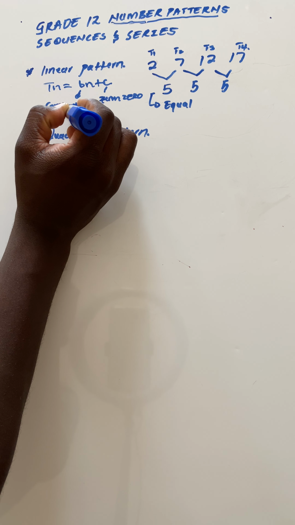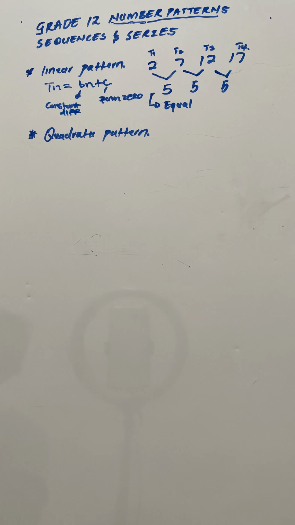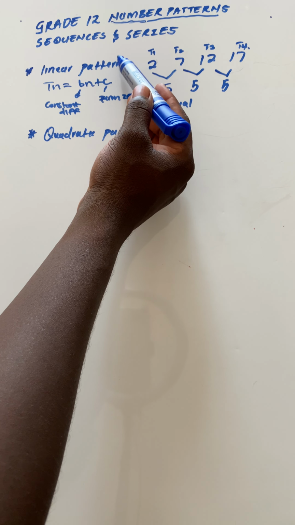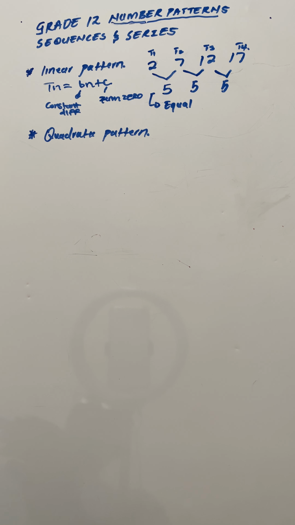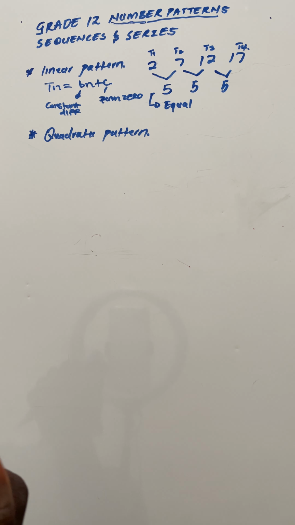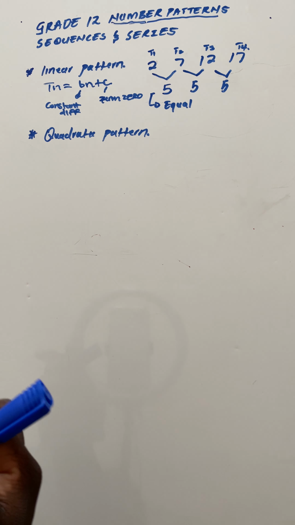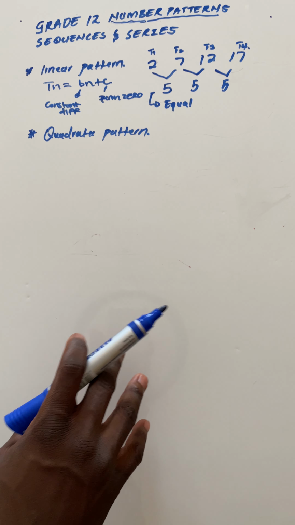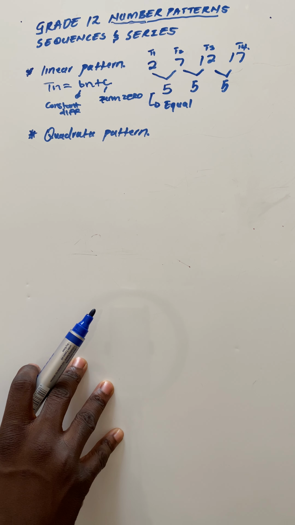So in this case, it would mean your constant difference would be the 5, right? So your term 0 would be the number that you would get going this side, which would be term 0, right? So if you still don't understand this, don't be alarmed. I'll put this under the grade 10 video, right? So now it's just that we're in grade 12. I don't want to get deep into grade 10 and grade 11 stuff. This is just me highlighting what you guys have been doing since grade 10, right?